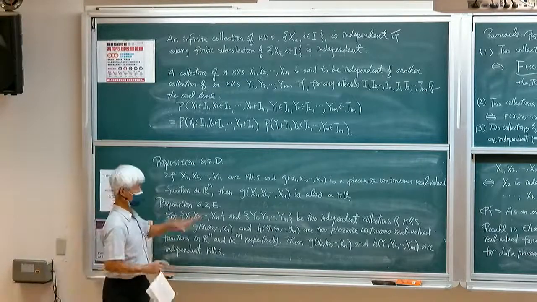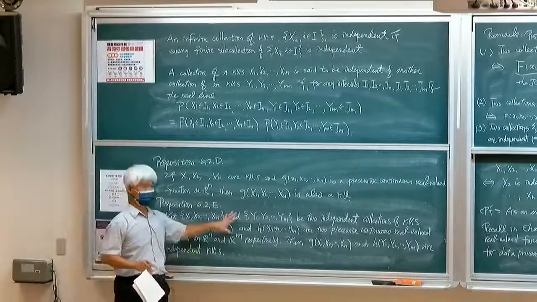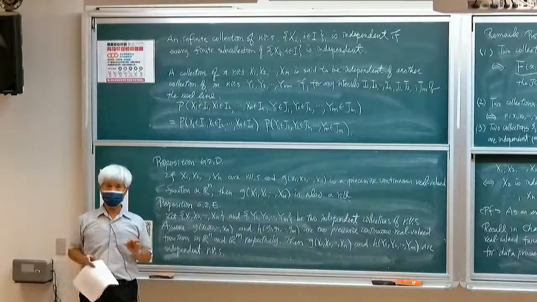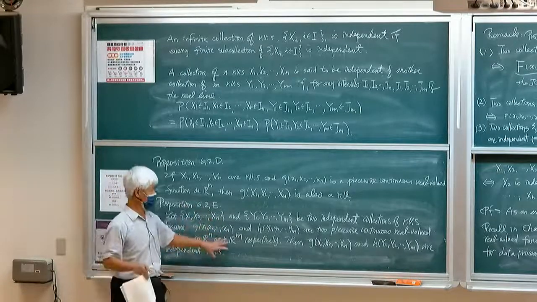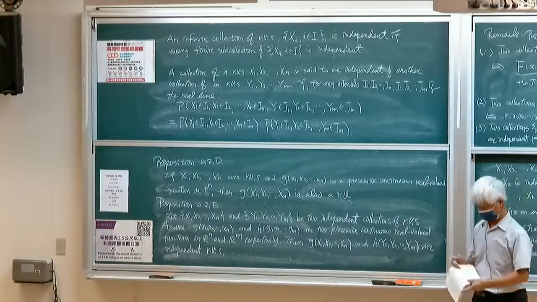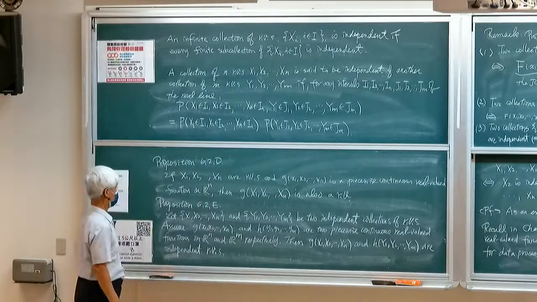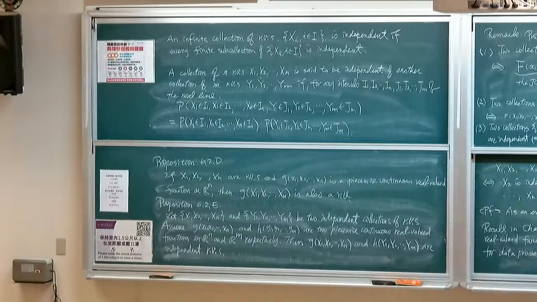So if we have two independent collections of random variables, and each collection has been data processed separately, then these two results will be independent random variables.